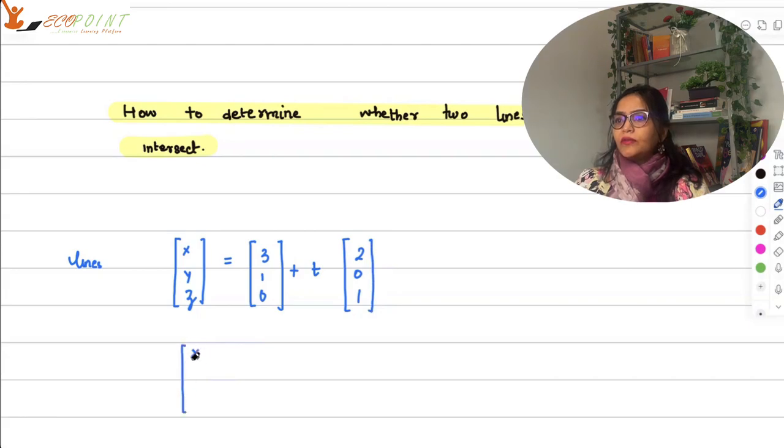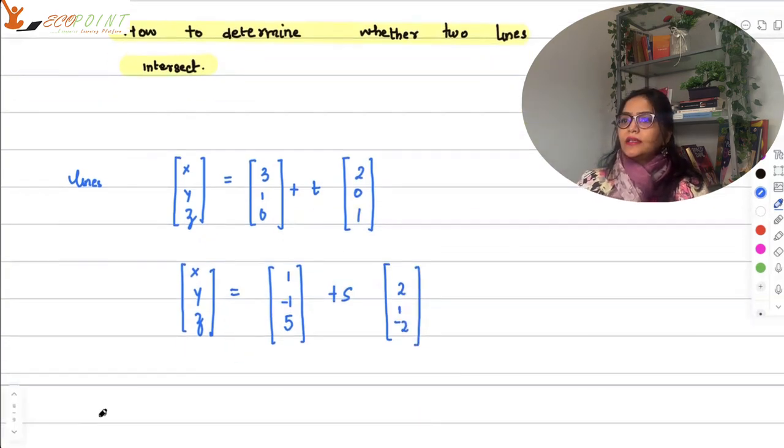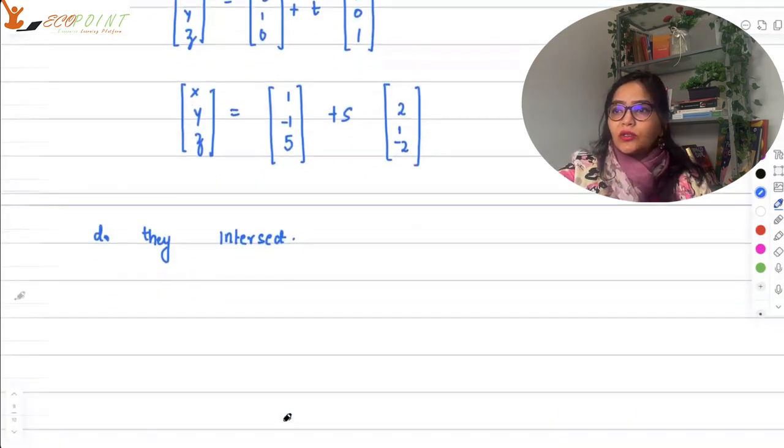And suppose we have another one, (x, y, z) equals (1, -1, 5) plus s times (2, 1, -2). Do they intersect? If yes, let's also find the point of intersection.